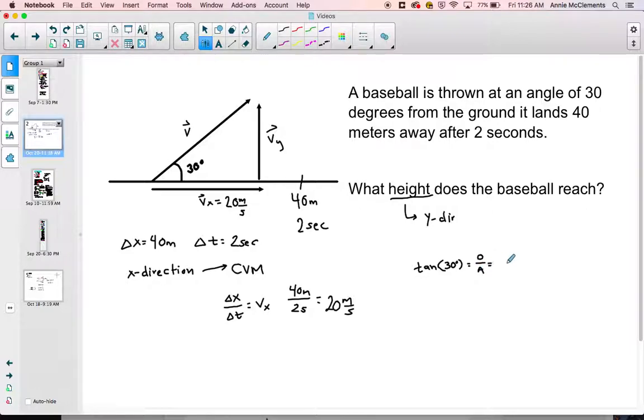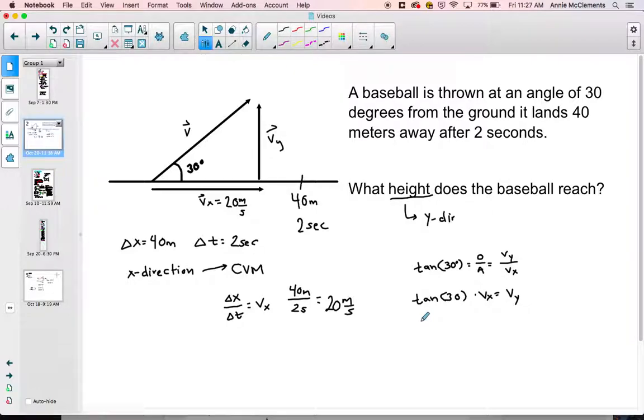In this case, the opposite side of the triangle is Vy, and the adjacent side is Vx. So the tangent of 30 times Vx equals velocity y.